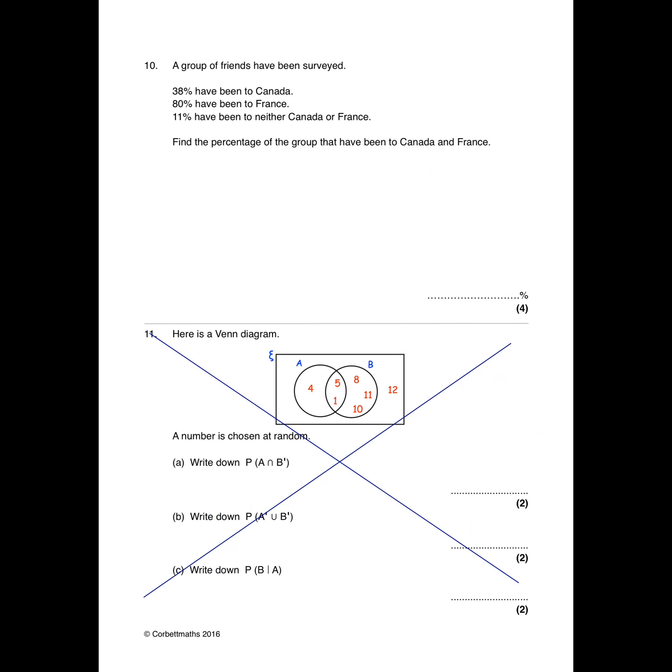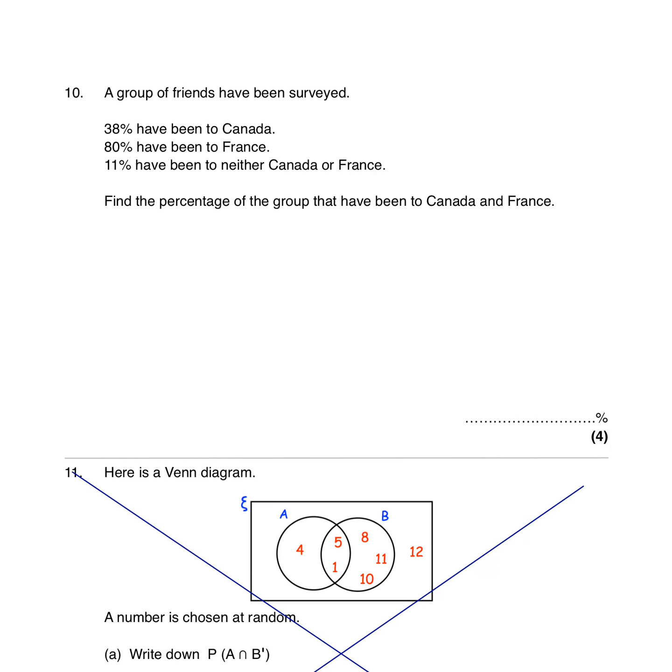Question 10, last one. Just because these are in percentages, Venn diagrams work in the same way. So a group of friends have been surveyed. 38% have been to Canada, 80% have been to France, 11% have not been to either. Okay, so 2 countries.